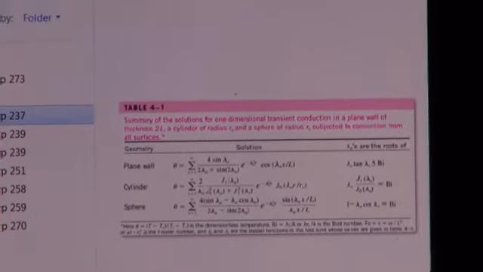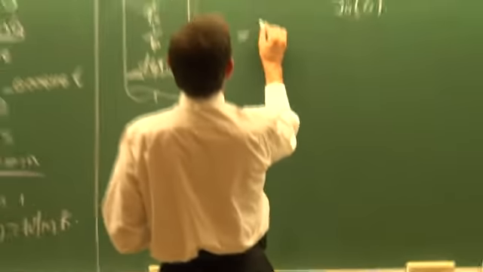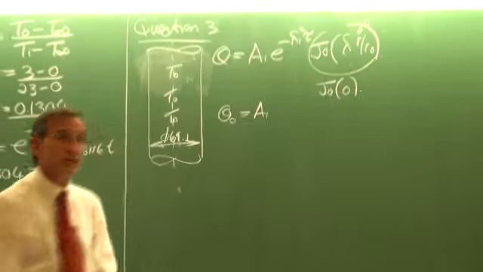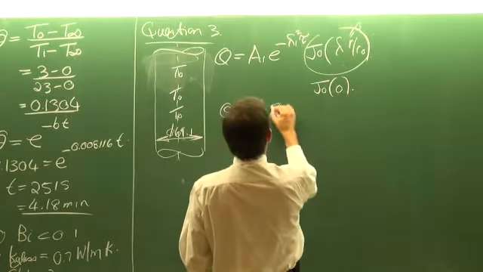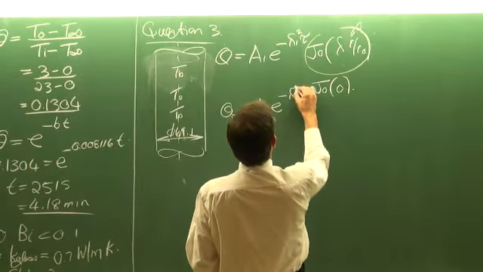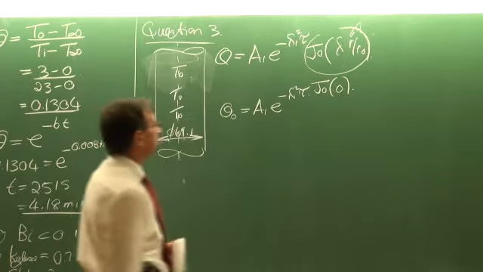So this equation reduces to, at the center, that the temperature is equal to a constant multiplied by e to the minus lambda 1 squared multiplied by tau.